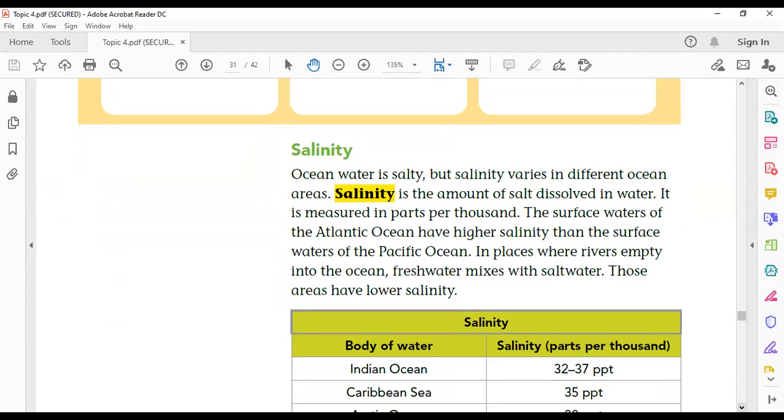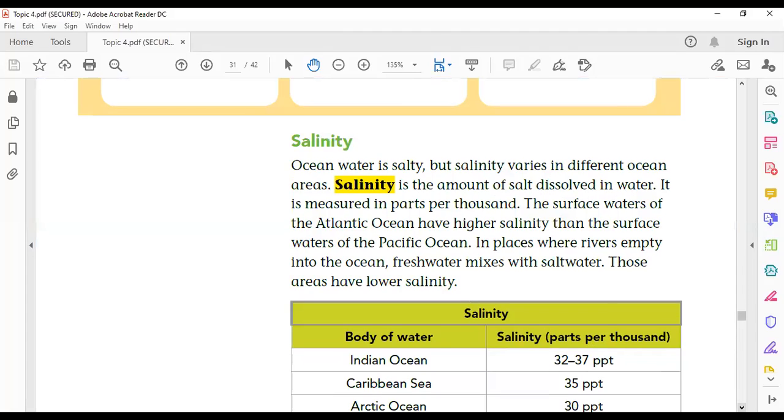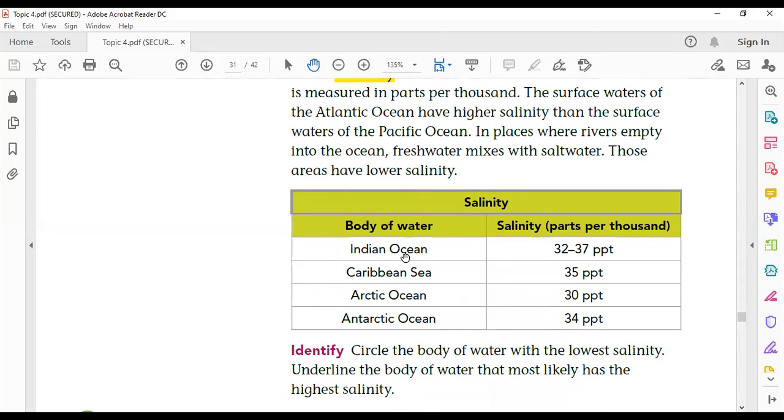Salinity. What is the meaning of salinity? It is the amount of salt dissolved in water. It is measured in units called what? Parts per thousand. Notice, look here, for example, the salinity of the Indian Ocean is 32 to 37 parts per thousand.